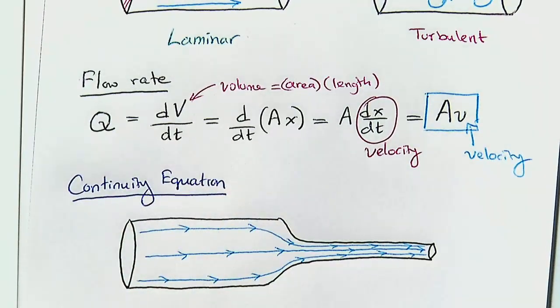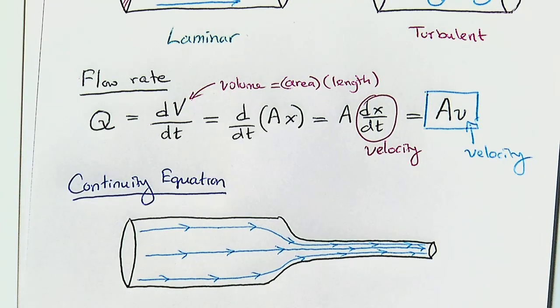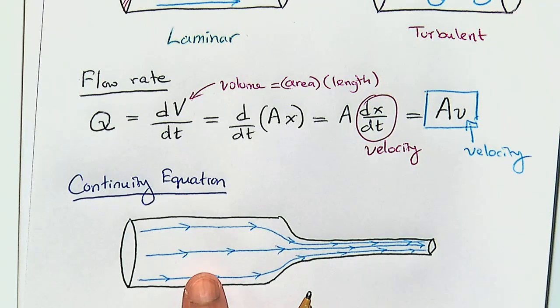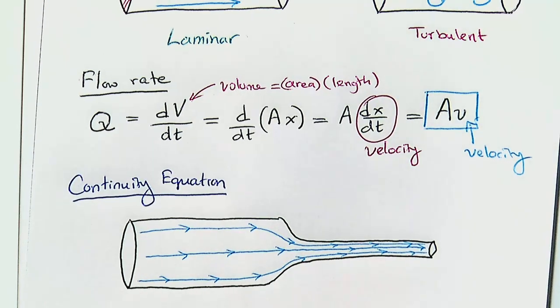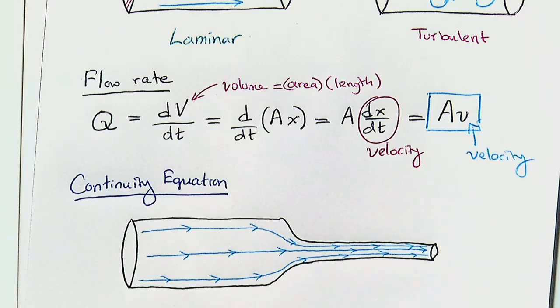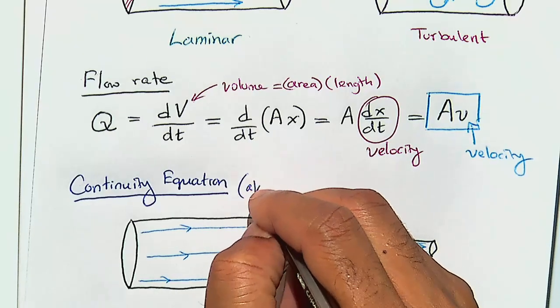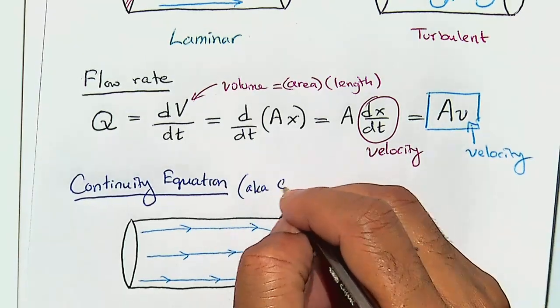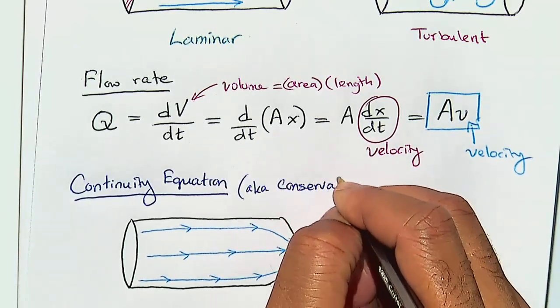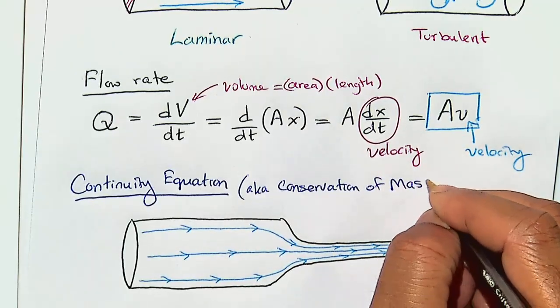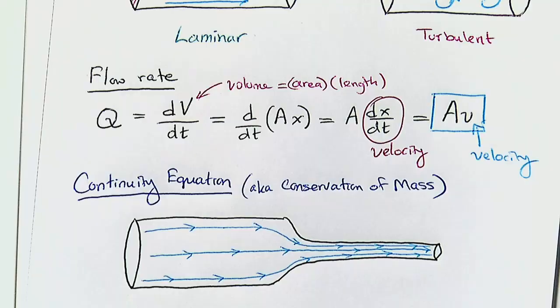Because we have to think about what stays the same. Clearly something's changing when you send fluid from this space to this space. Something should change, but something should stay the same. What the continuity equation is really saying, AKA the conservation of mass, maybe you've seen it in chemistry, is that you can't create or destroy mass.